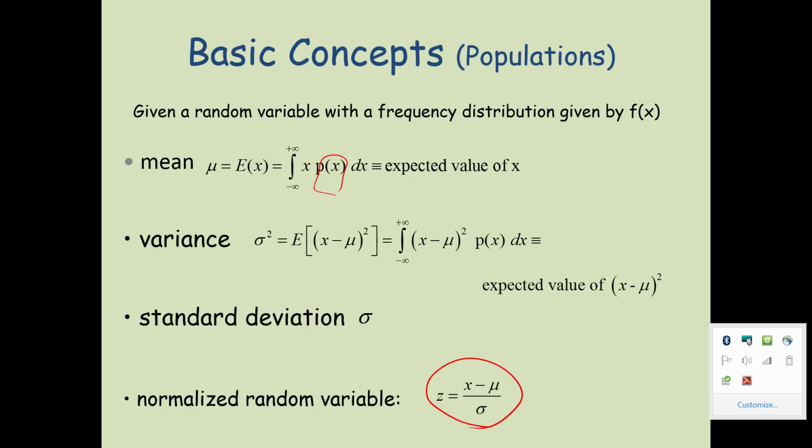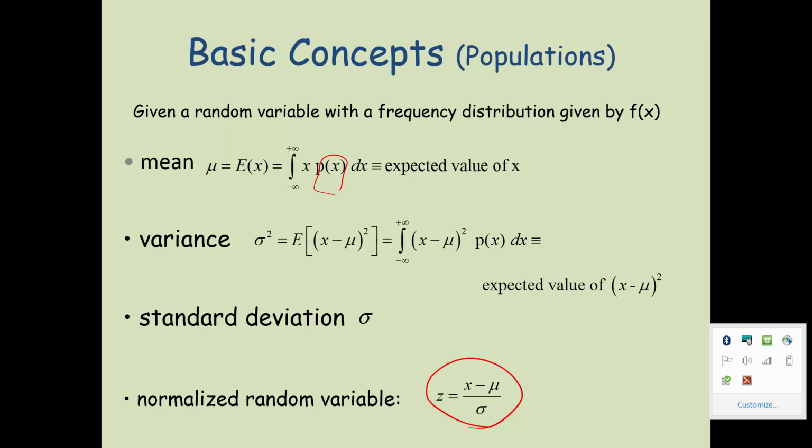Usually what we like to do is compare random variables to each other, and these random variables might have different dimensions or different units. So if we want to make a comparison between them, we can come up with a normalized random variable, and we'll call that normalized random variable z. z is equal to the variable itself, x, minus the mean of the variable, divided by the standard deviation of the variable.